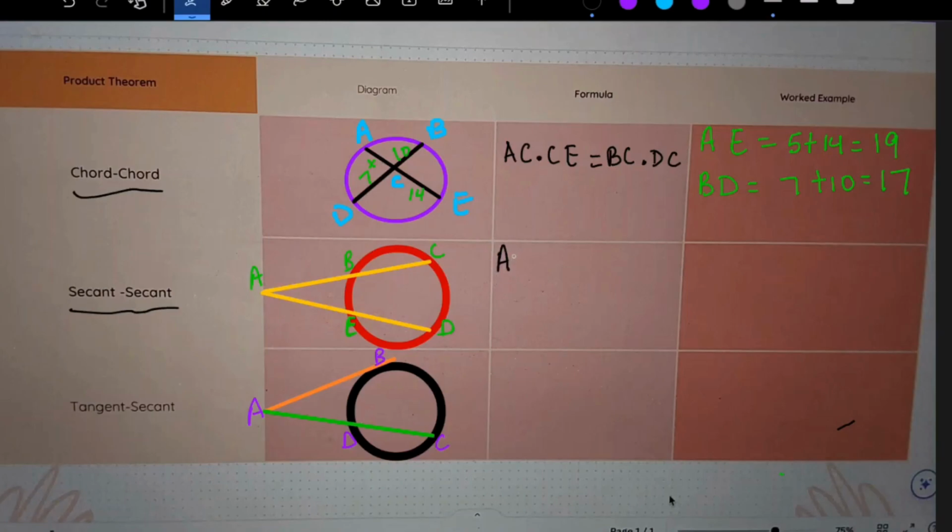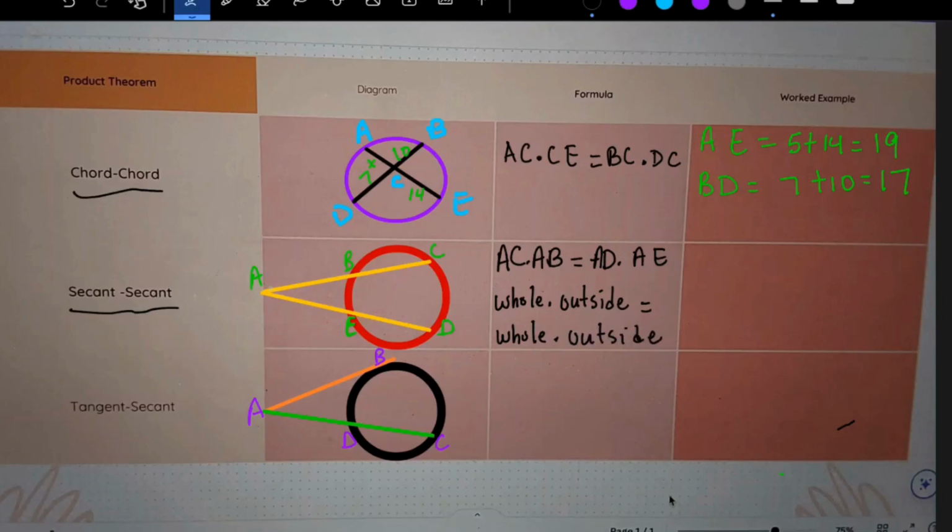AC times AB is equal to AD times AE. In other words, we have the whole line multiplied by the outside is equal to the whole times the outside.